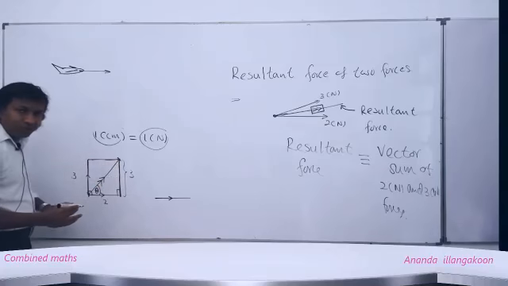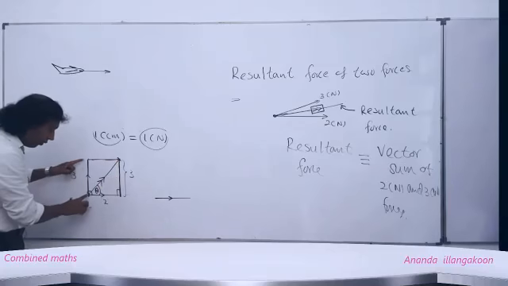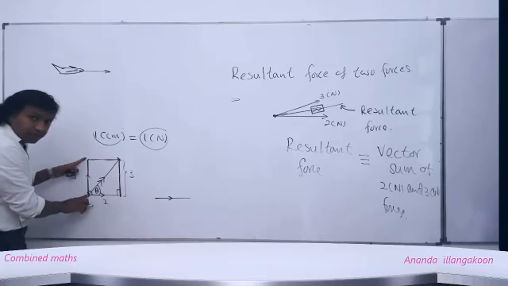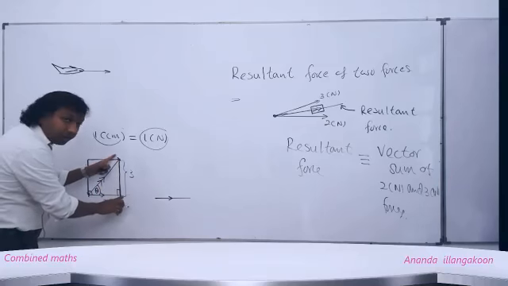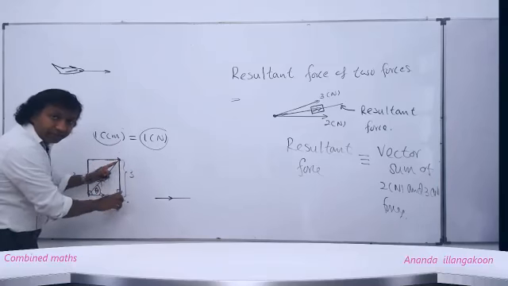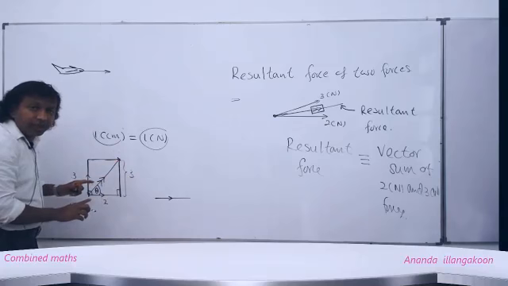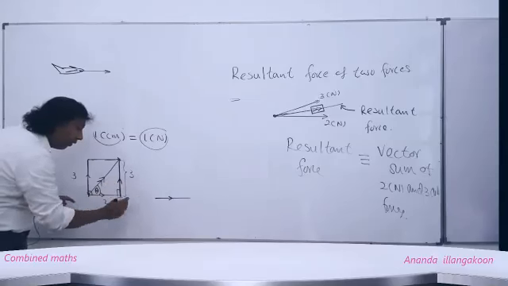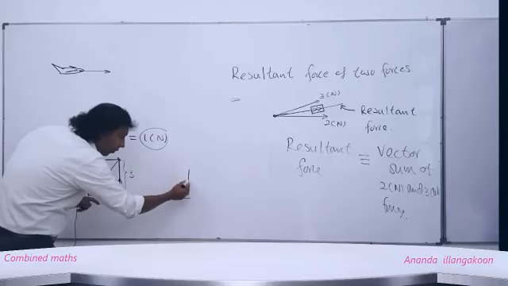The opposite sides of a rectangle are equal in length. Then, without representing this 3 Newton force by this line segment, the same 3 Newton force I can represent by this line. Why? They are equal in length, parallel, and in the same direction. If I put the arrowhead like this, I am going to represent it by this.